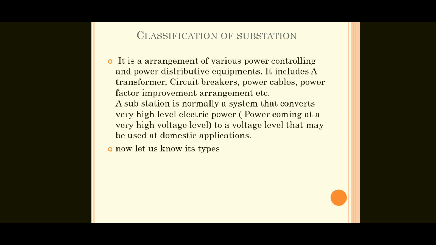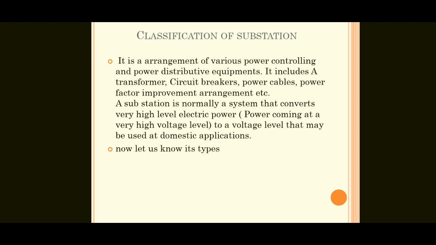It includes a transformer, circuit breakers, power cables, power factor improvement arrangement, etc. A substation is normally a system that converts very high level electric power to a voltage level that may be used in domestic appliances. Now let us know its types.